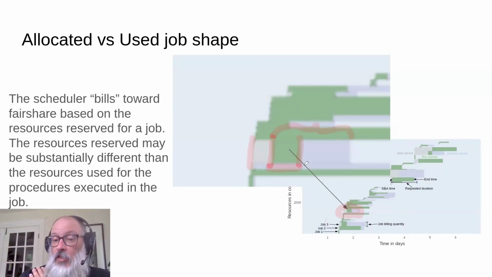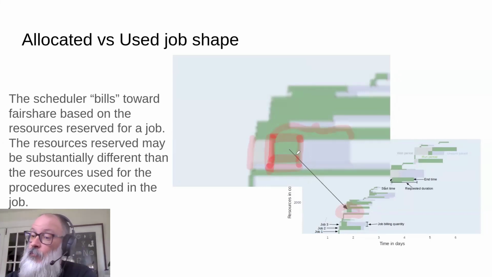What we don't see here is, let's say the height of this is based on the amount of memory that it requested. Let's say this is a measurement of 100 gigs. What we don't see here is that potentially the job only used 20 gigs.